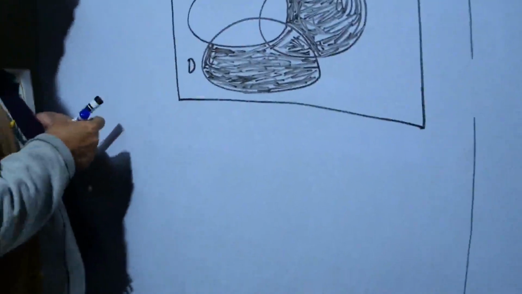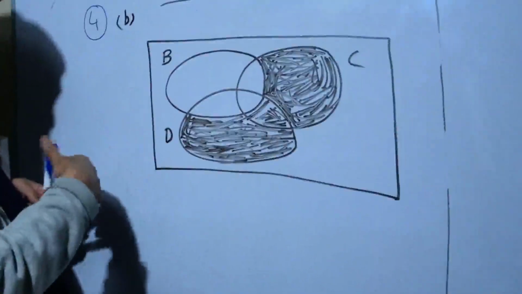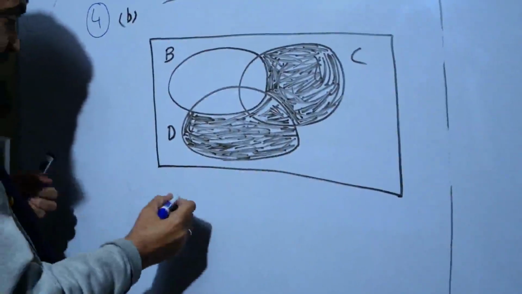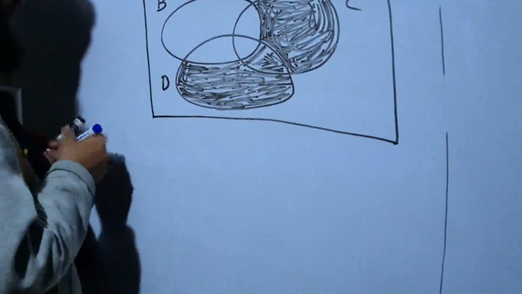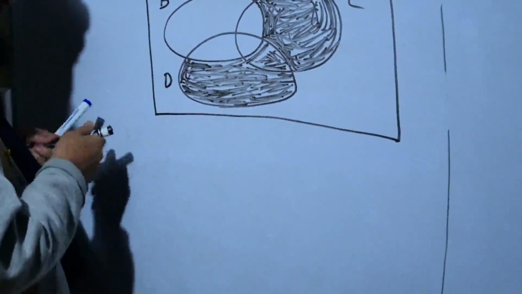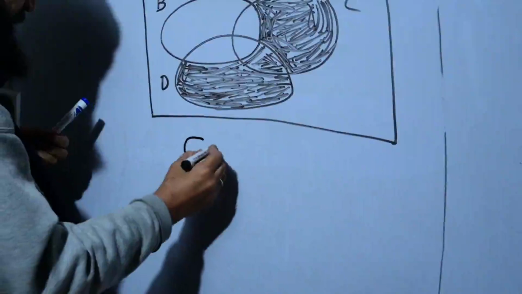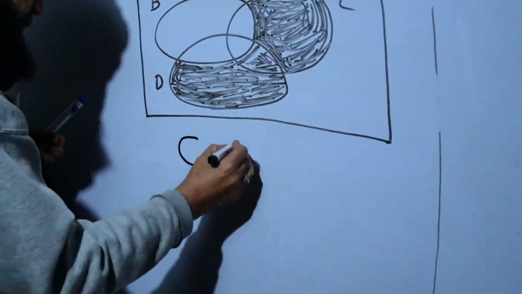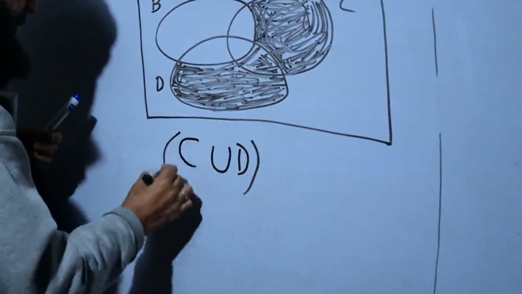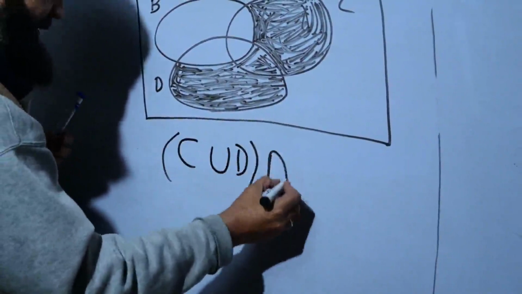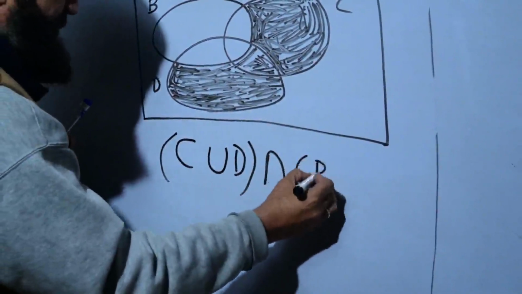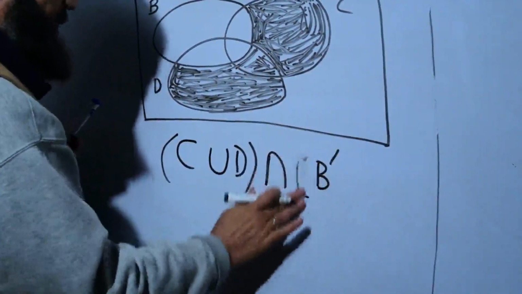So the shaded diagram represents C union D, intersected with B complement. No need for doing brackets here.